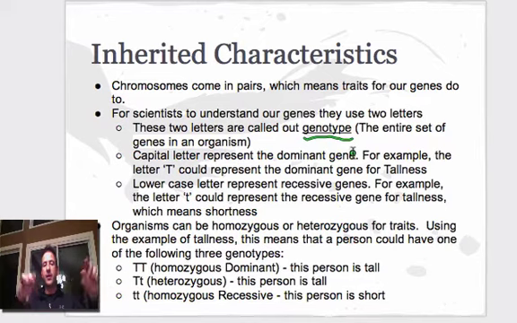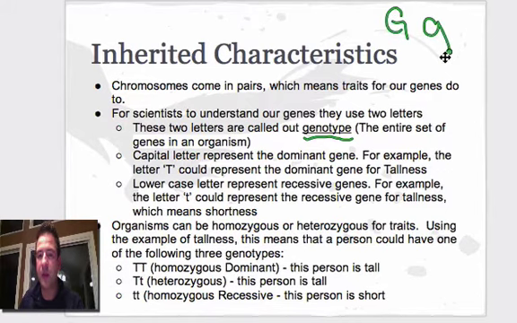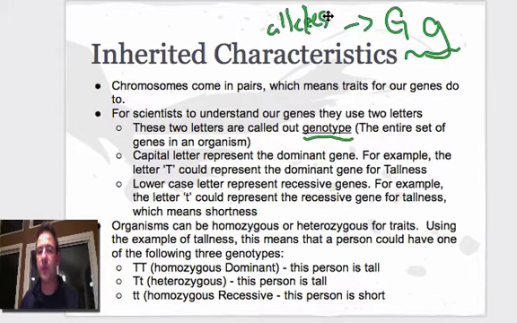Take these 2 letters in our genotype, one dominant and one recessive, and we put these together and we get a genotype. Individually, these are called alleles, but together this is a genotype.